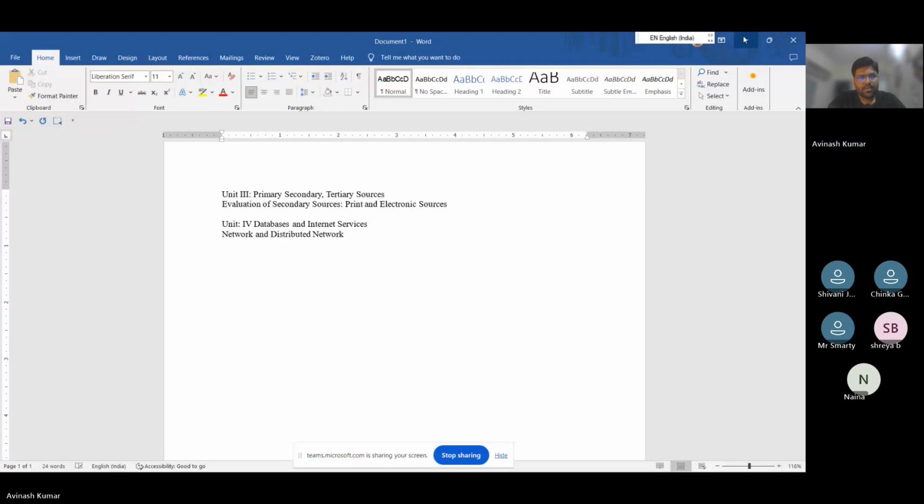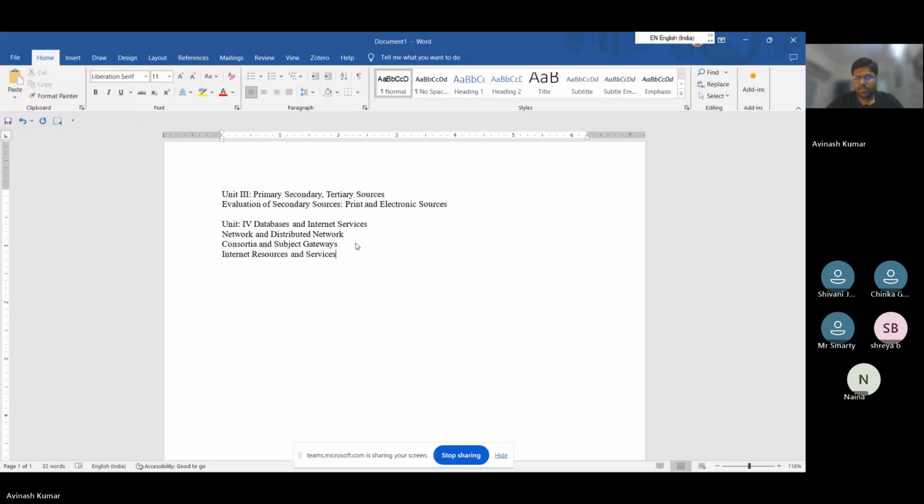Another very important topic is consortia and subject gateway. Another is internet resources and services.